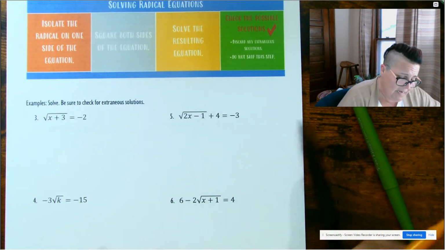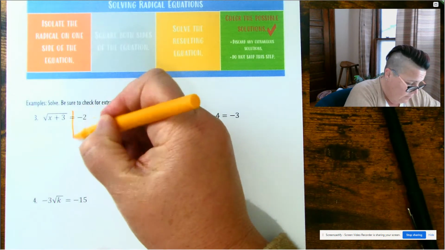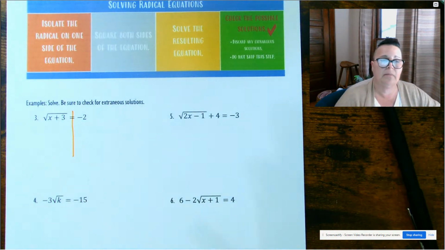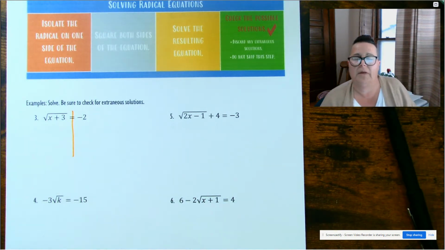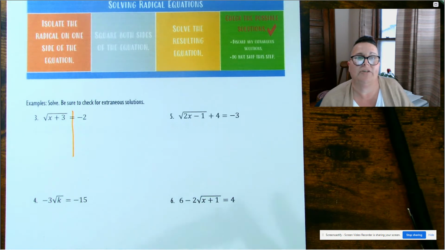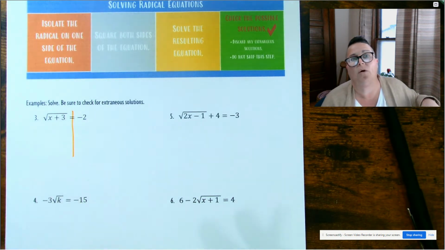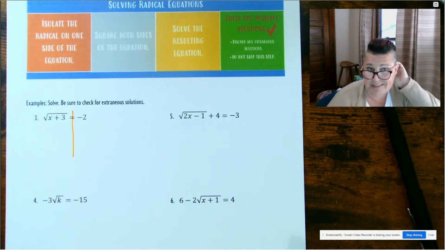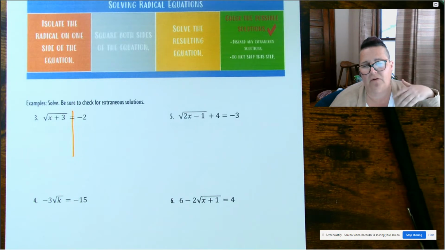I have a left side and a right side to this equation. On the left side, I have the square root of x plus 3. Is that square root and everything underneath it the only thing on that side of the equation? Sometimes that's the hard part because everything underneath it can look confusing.